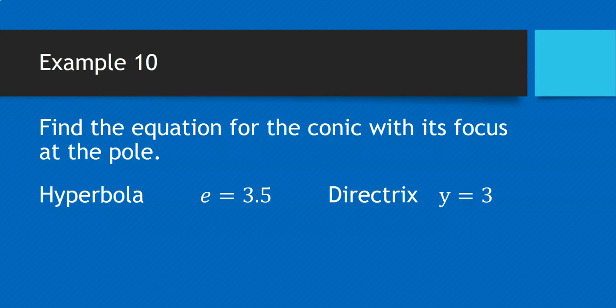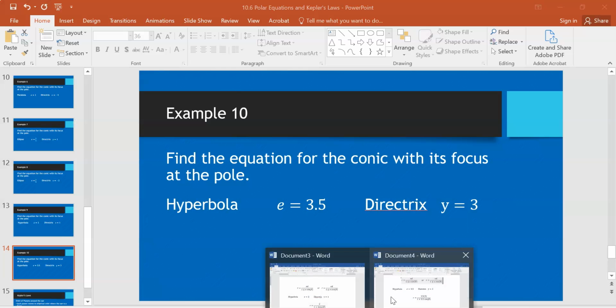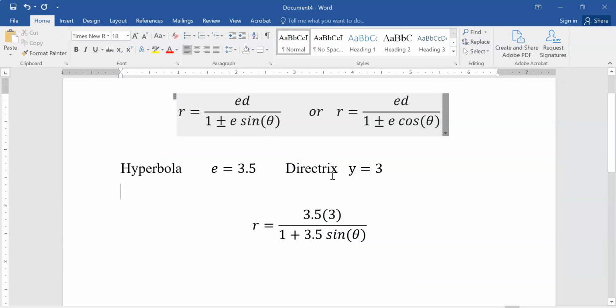All right, there it is. So hopefully you got this. We had directrix y equals something, so we're going to use the sine version. e is 3.5, d is 3. So 3.5 times 3 in the numerator. In the denominator, 1 plus 3.5 times sine theta. Again, directrix is y equals, and that's how we do that.